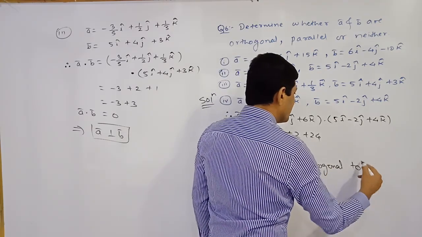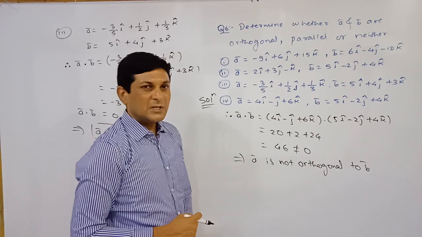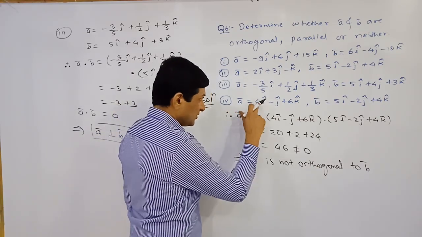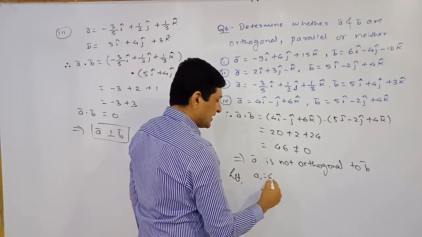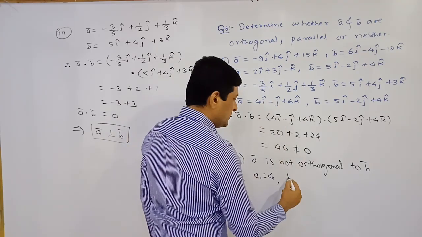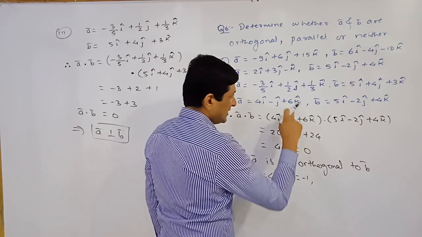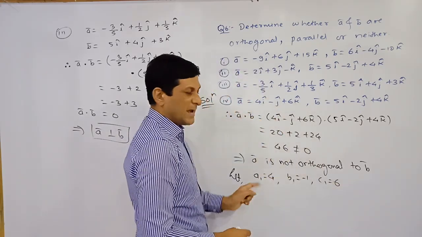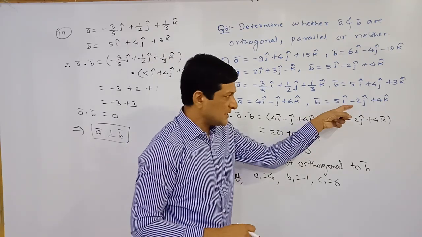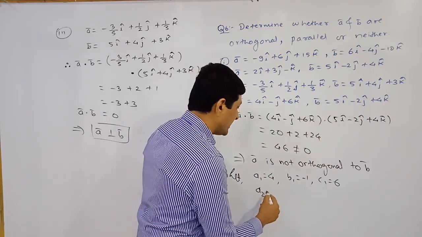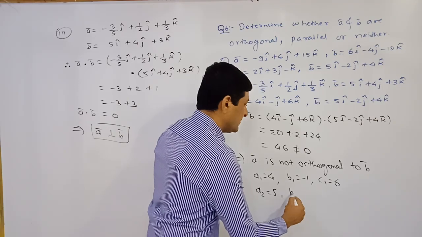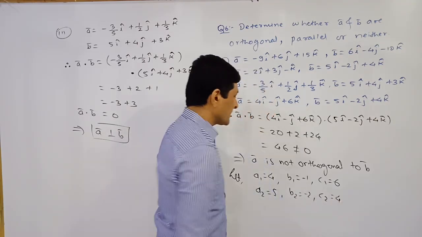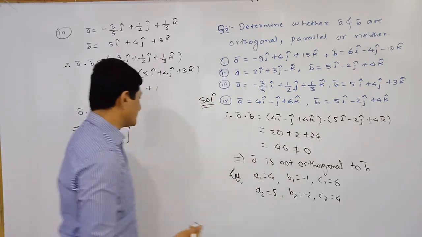Now here we denote the coefficients: I am denoting the coefficient of i cap by a1, which is equal to 4, b1 is equal to minus 1, and c1 is equal to 6. Just these coefficients I denote by a1, b1, c1, and from the second vector denote these coefficients by a2 equal to 5, b2 equal to minus 2, and c2 equal to 4. Now we find the ratio of these coefficients.